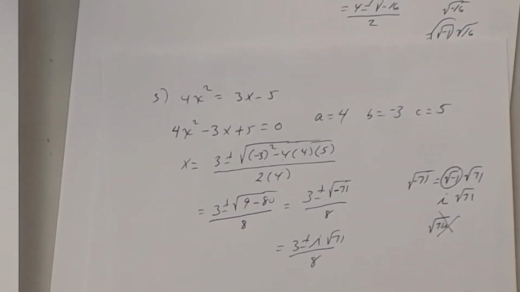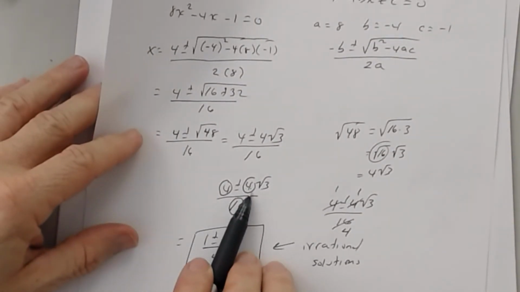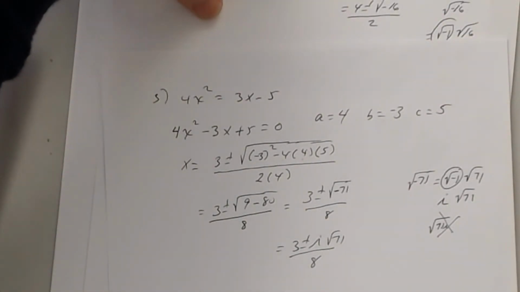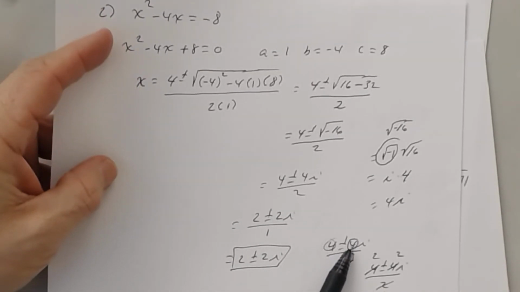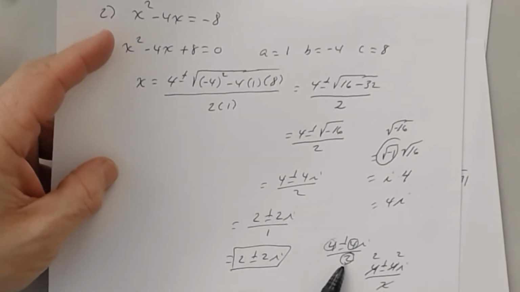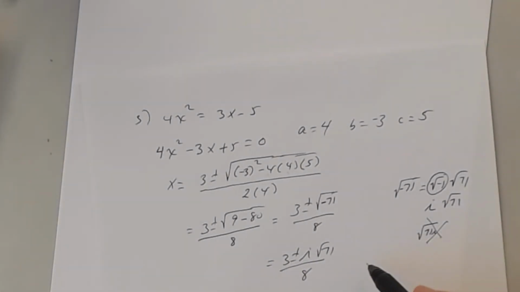Now remember, in the previous two problems we circled some items. In number 2 we circled 4, the coefficient of i, and the denominator. If you want to circle again, you can.